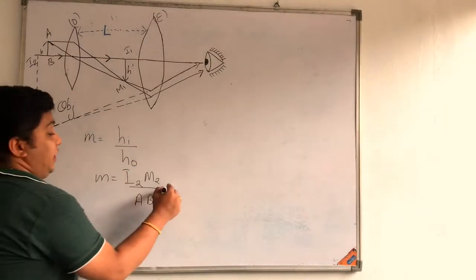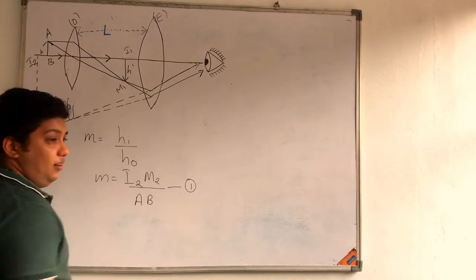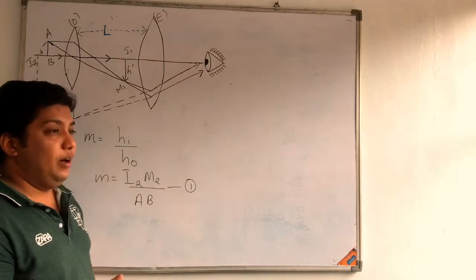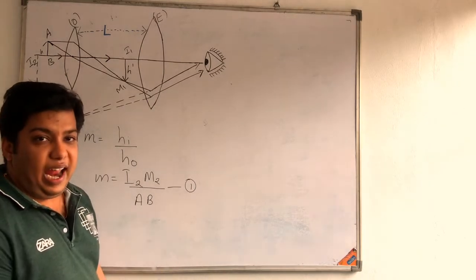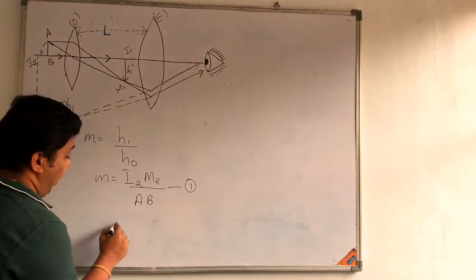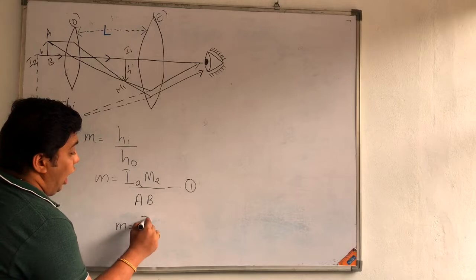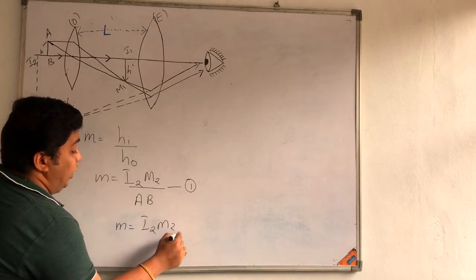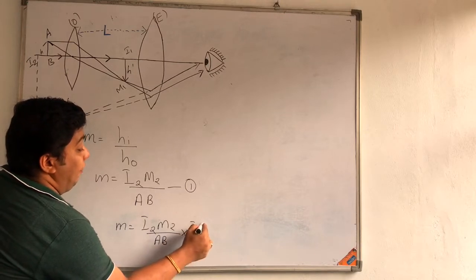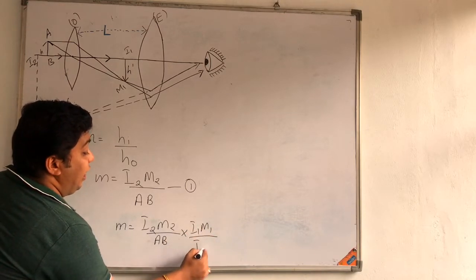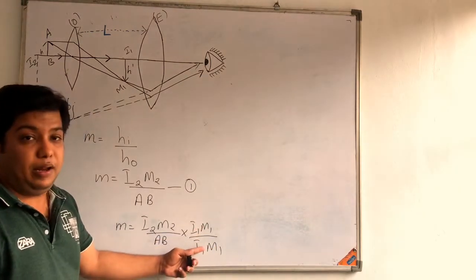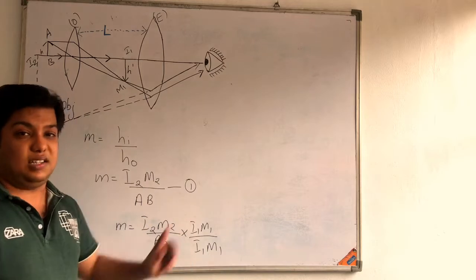Now this equation is termed equation number 1. Here we are going to multiply equation number 1 by I1M1 and divide by the same quantity, therefore there will be no change. So M is equal to I2M2 divided by AB into I1M1 divided by I1M1. Multiplication and division by the same number makes no change in the final result.